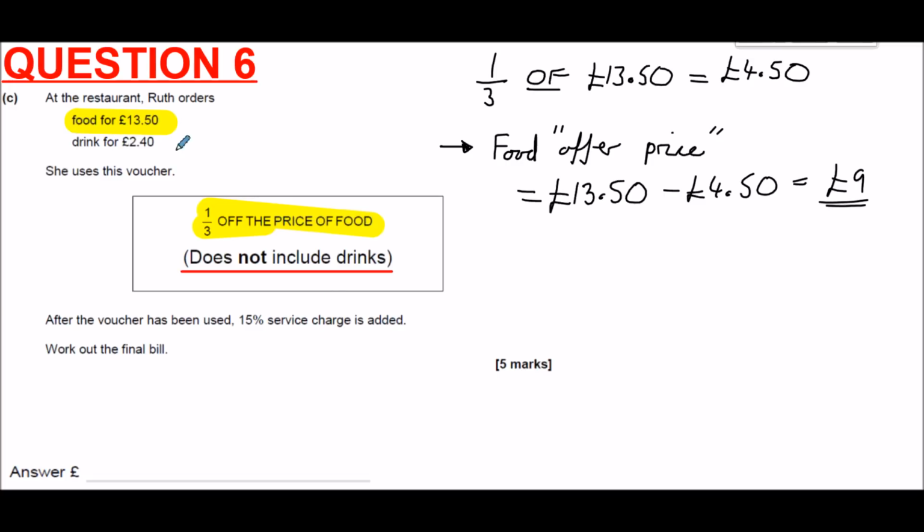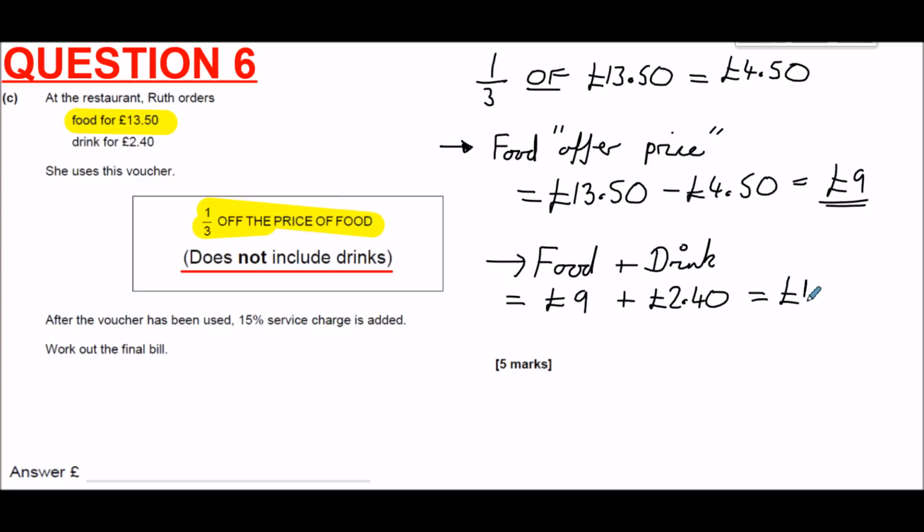And so the total for food and drink, the subtotal is now £9 for the food on offer. The drink is full price because the offer excludes discounting the drink. So £9 plus £2.40 would give us a subtotal of £11.40.